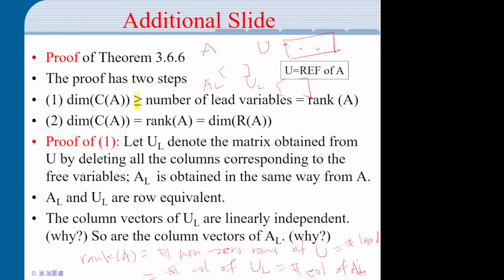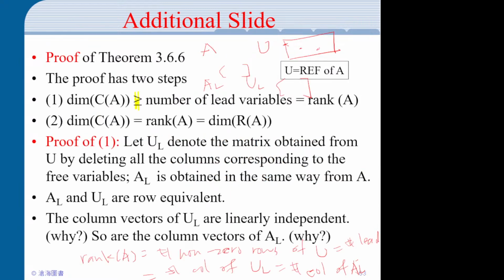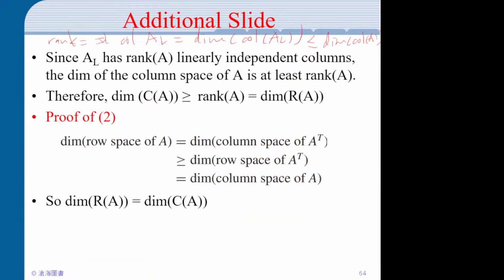Okay, we're over time, we're too slow, but I guess it's okay because our schedule is quite okay. Finally, we get that the rank is smaller or equal to the dimension of the column space of A.